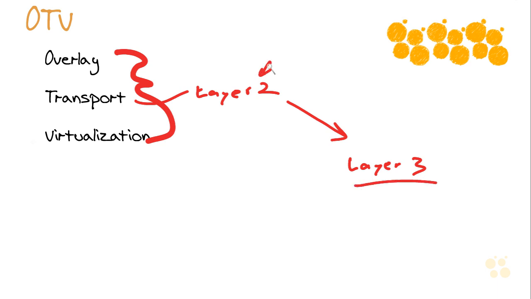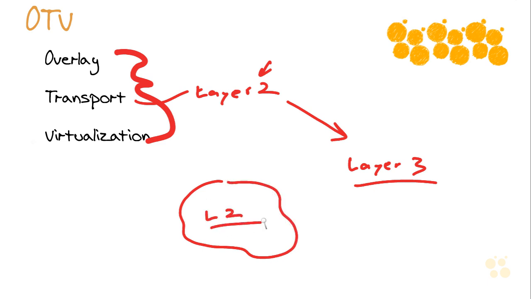And again, it's moving that layer 2 traffic to the other data center. Remember the theme here that we are moving towards data centers that are massive layer 2 infrastructures instead of more complex layer 3 networks. Then there's virtualization.